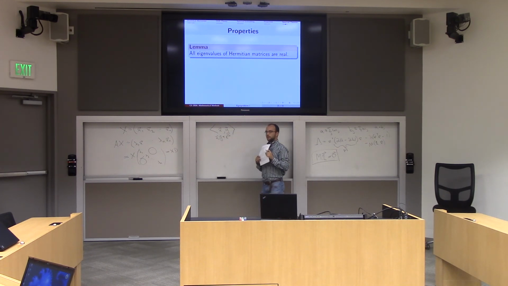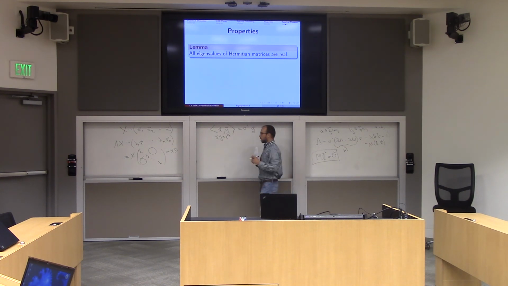It's going to be equal to x transpose, and normally we just have y here, but instead we're going to say y bar. So you take the second vector, flip all of its complex parts, and then take the dot product. This is the appropriate inner product on the space of complex vectors.